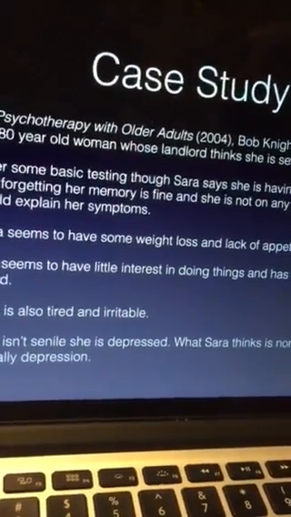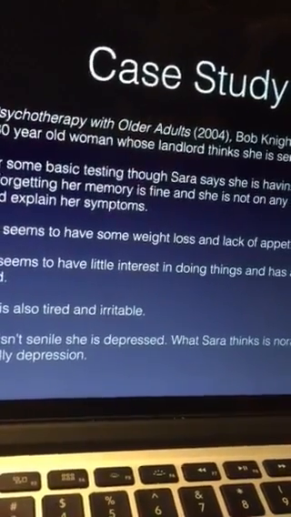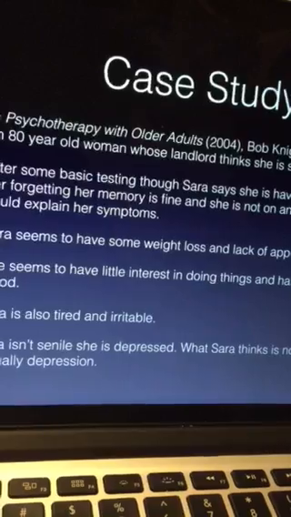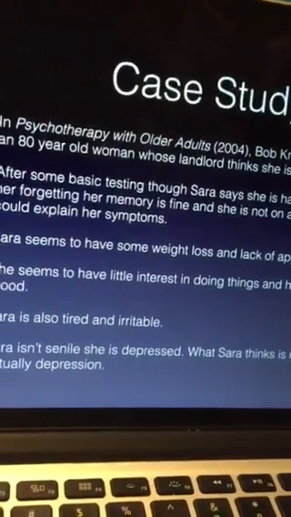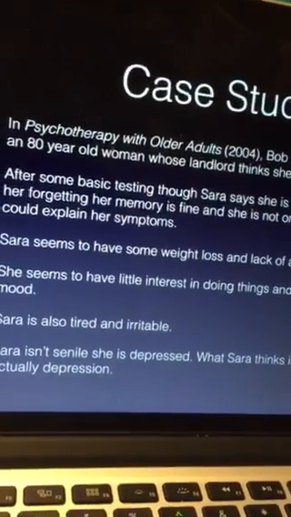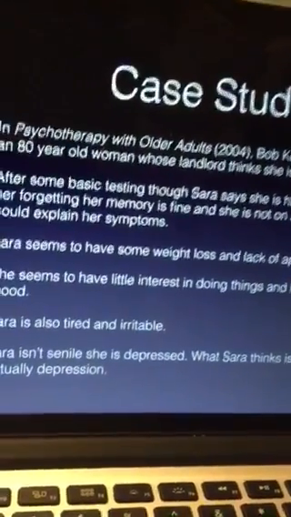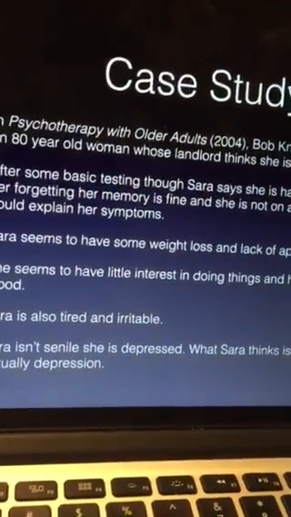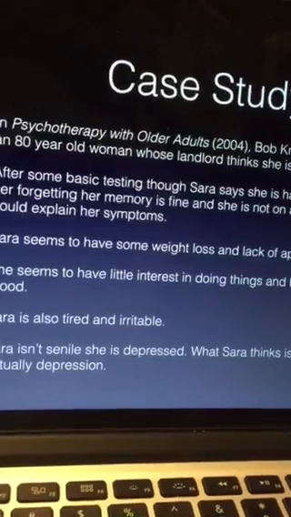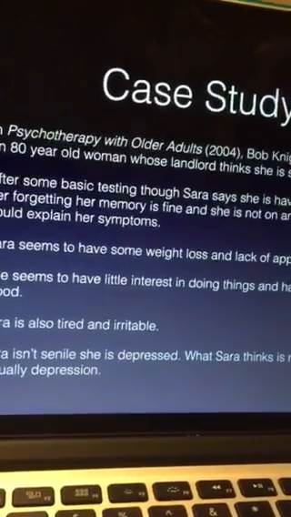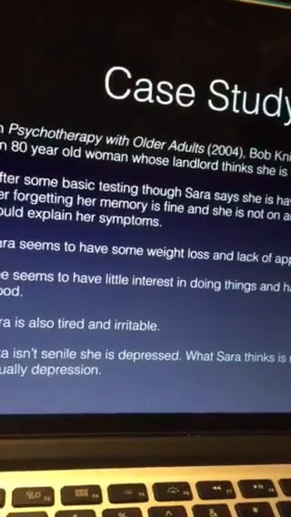She has little interest in doing things. She talks about feeling loss and sadness. Sarah says that she thinks what she's feeling is part of the normal aging process. But honestly, with the characteristics and the things that she's feeling, she's depressed. She isn't senile like her landlord thought, but is going through depression.